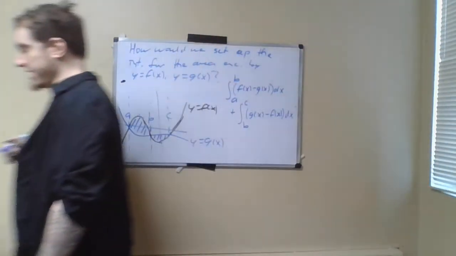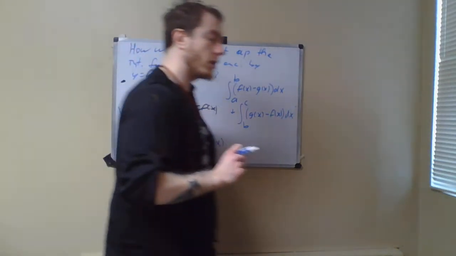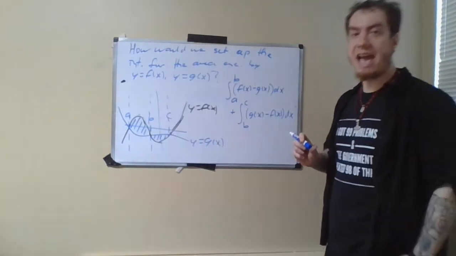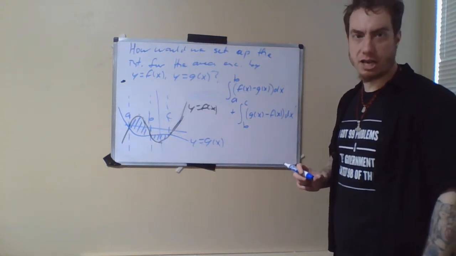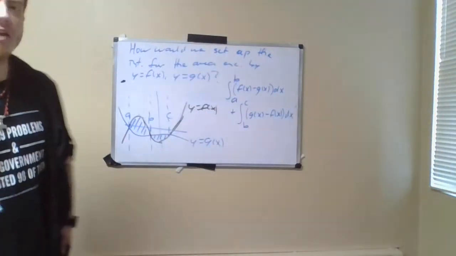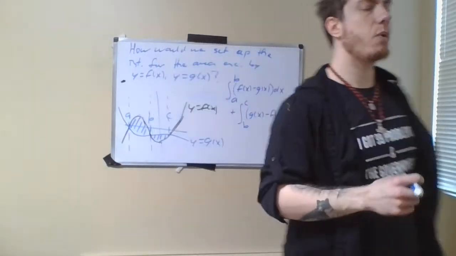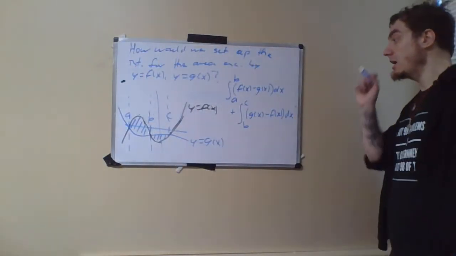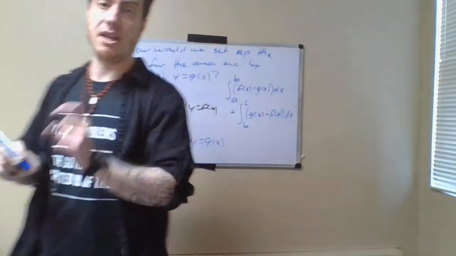Another way to think about this is really the height of the rectangle in general, it's the absolute value of the difference between f and g. But the absolute value, whether that's f minus g or g minus f, is going to depend on whether we are talking about a situation where f is bigger than g or a situation where g is bigger than f.